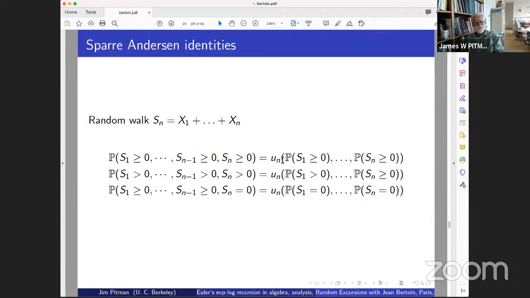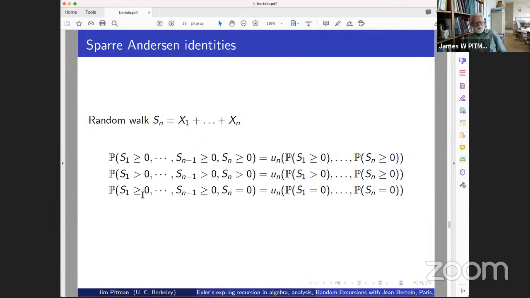And there is a universal mechanism by which you get from these individual probabilities of being positive to the joint. And the recipe is you use the Eulerian Un. The Un of R1 up to Rn is that polynomial that comes out of the X log. And almost miraculously, exactly the same polynomial function of these different probabilities, this should be strictly positive, I apologize, this guy should be strictly positive, gives you a strict meander.